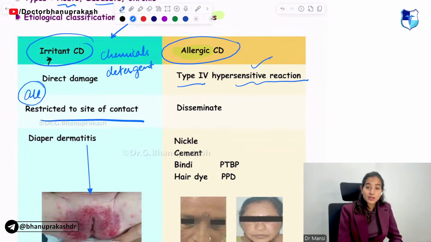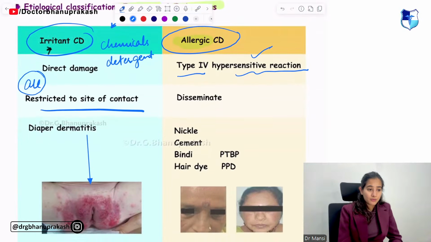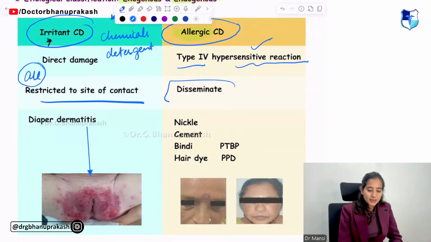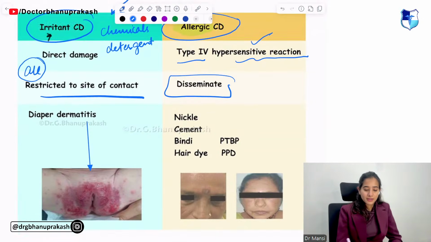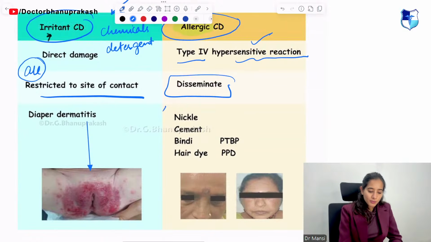It is a type 4 hypersensitivity reaction. Then it is going to disseminate. It is not going to just stay at the particular site where the allergen comes into contact.